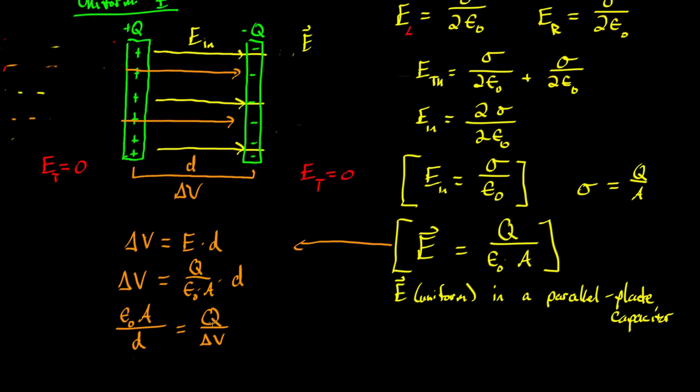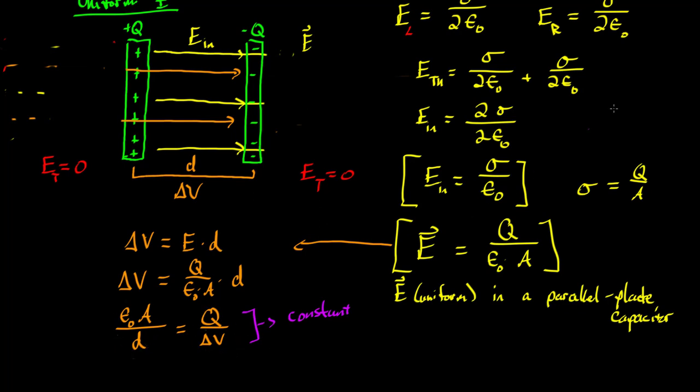Then the ratio of the charge to the potential difference is always the same. You know, this is constant. In other words, if I put on more charge, the potential difference will increase correspondingly, such that this is always the same because these are all constant.